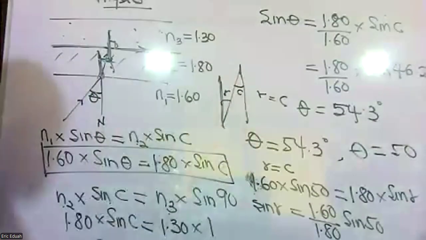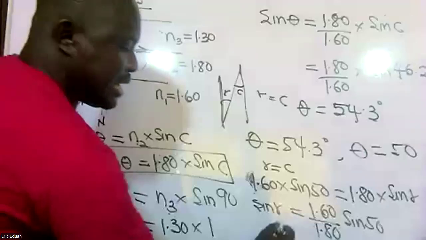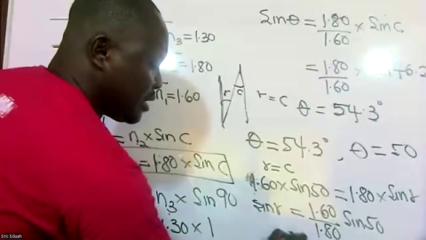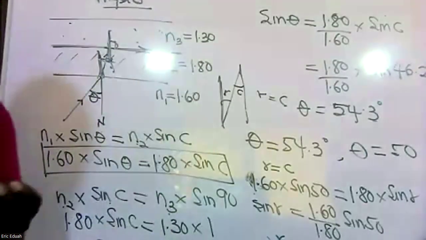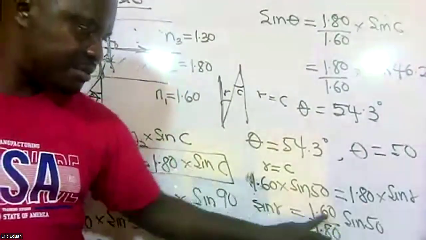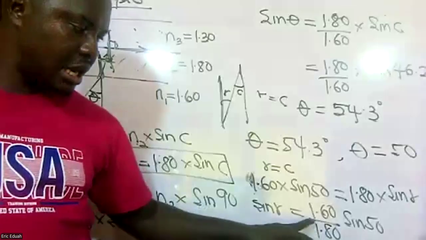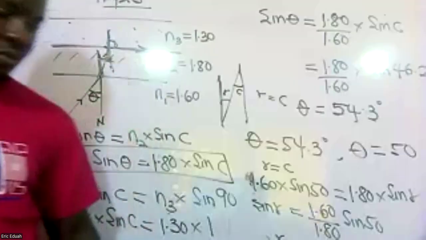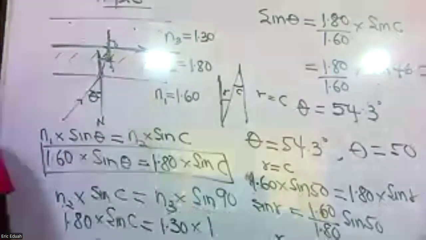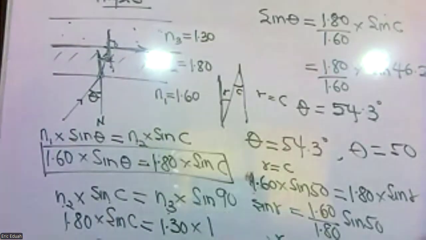So put this together and then give me the value of R. Multiply sine 50 by the ratio of these two for me. Please get involved. Let's look at it quickly.